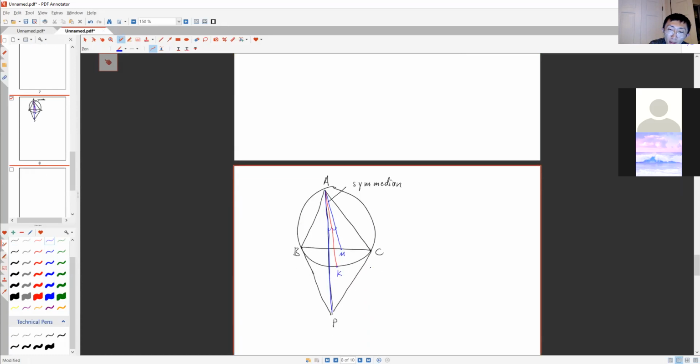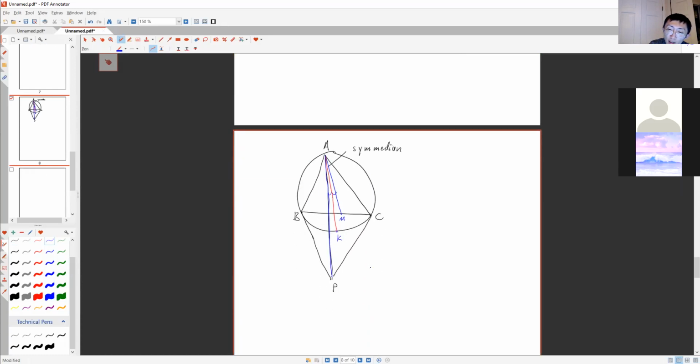It looks like M, K, and P are collinear. Can anyone see why? Based on what I've said, it should be relatively clear. So prove M, K, P collinear. M, I said, is the midpoint. K is the intersection of the angle bisector of A with the circumcircle. So where is K along arc BC?